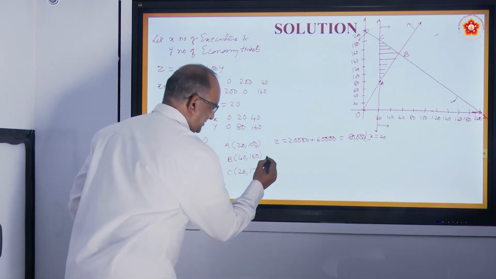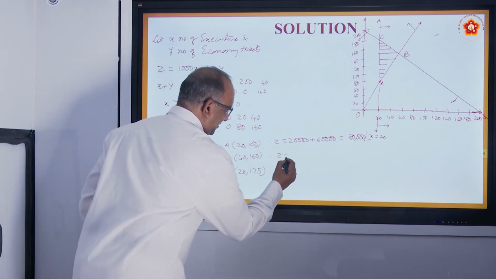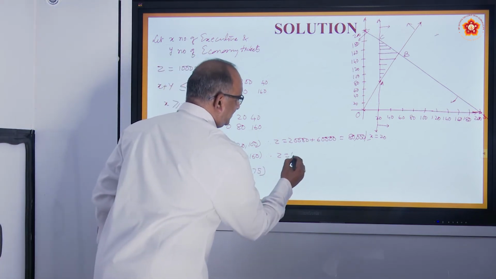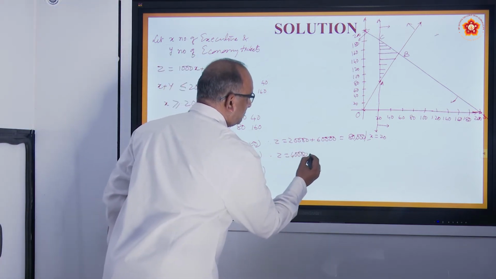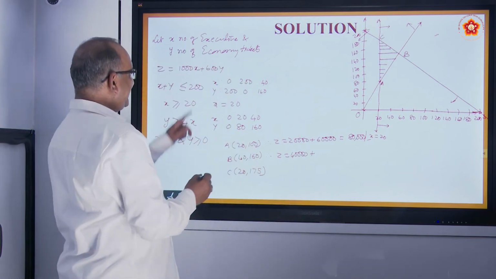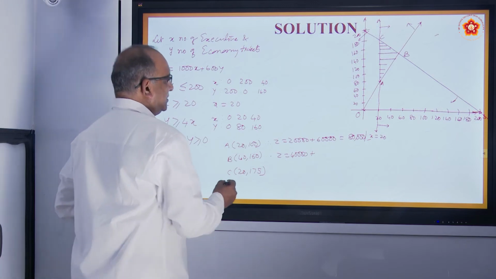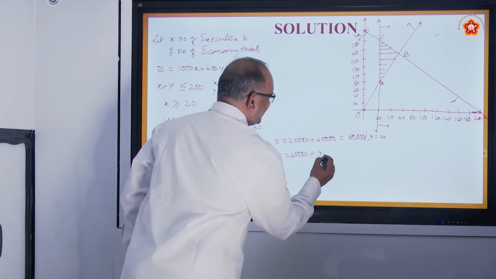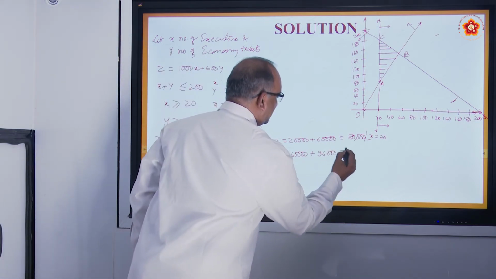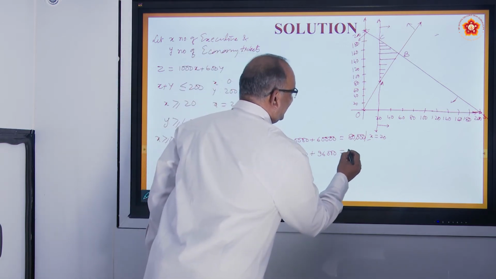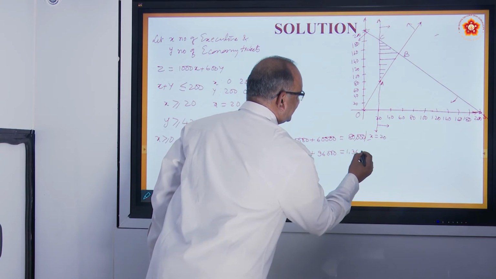Second case, in this Z is equal to 40 into 1000, it will be 40,000 plus 160 into 600. 16 sixes are 96. So it will be 96,000. So the total will come to 1,36,000 rupees.